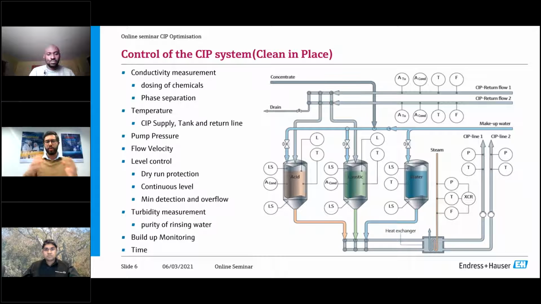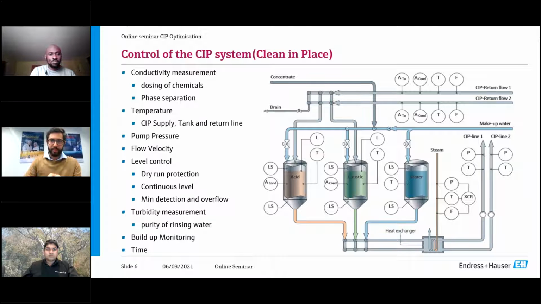But in general, throughout all the food and beverage industries that I had the pleasure to meet, none of them have a CIP controlled based on time. All their times are fixed. So we have instrumentation to monitor and control these three variables, and we also have some side instrumentation, especially for safety control for the tanks and for the pumps as well.